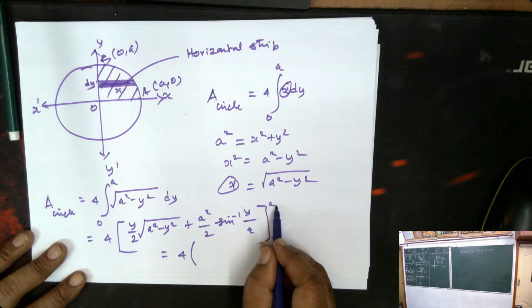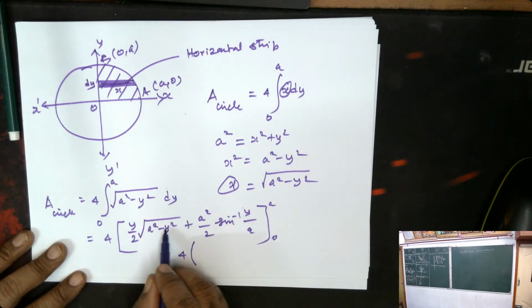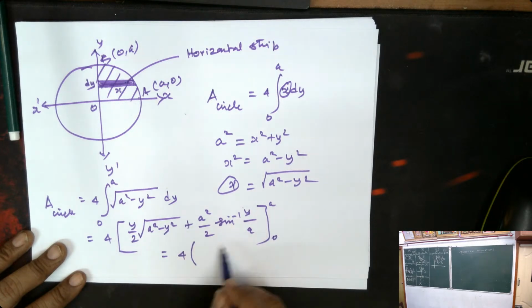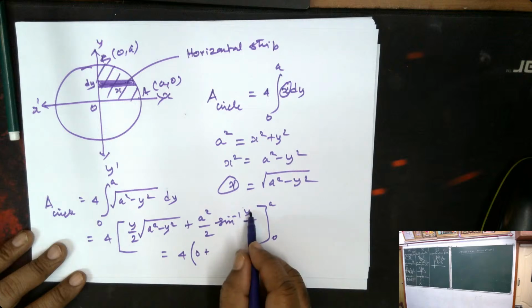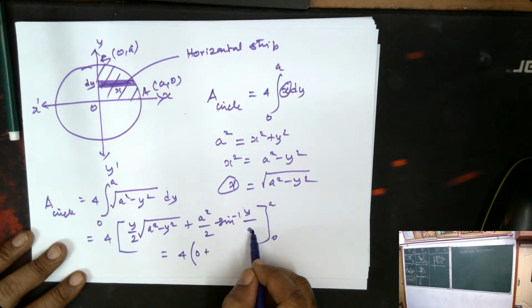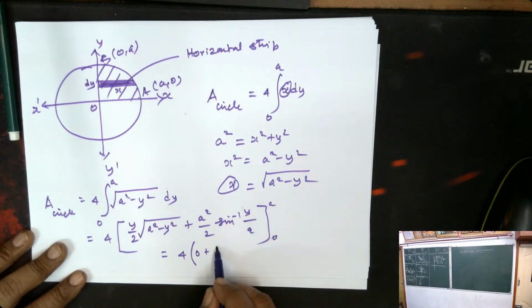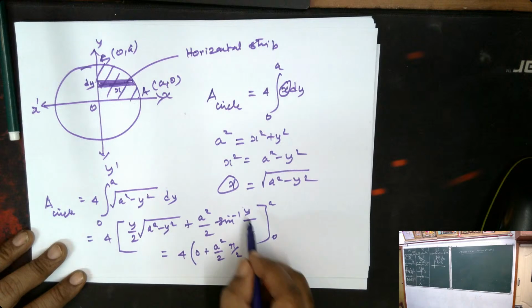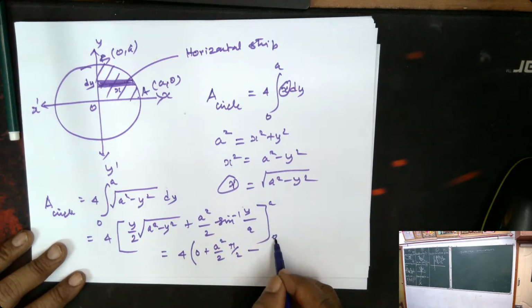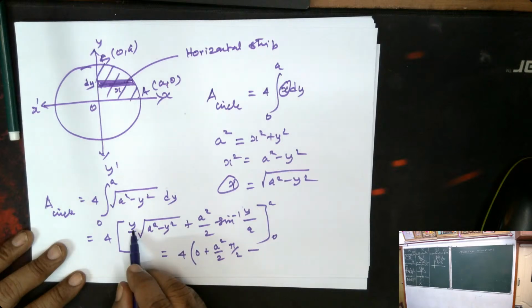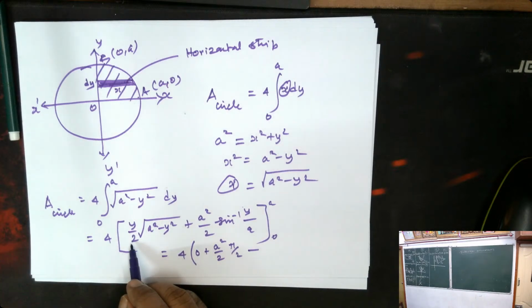So instead of y, you can put a. So a minus a becomes 0 here. So the first term is eliminated plus the second term is sine inverse of y is equal to a by a, 1. So sine inverse of 1 means a squared by 2 into pi by 2, because sine inverse of 1 is equal to pi by 2, minus, again you have to substitute 0.